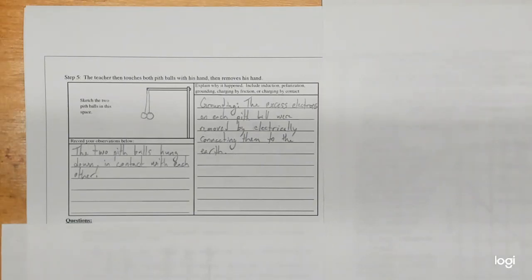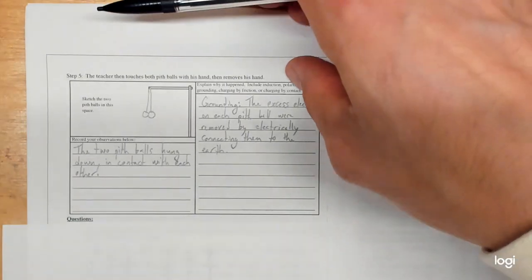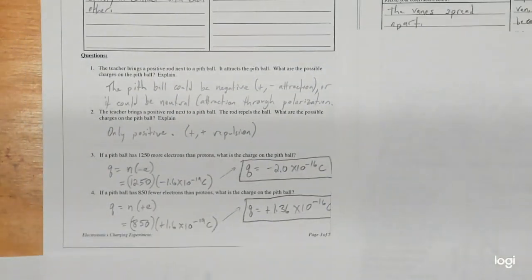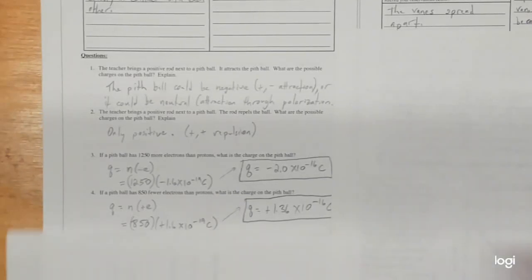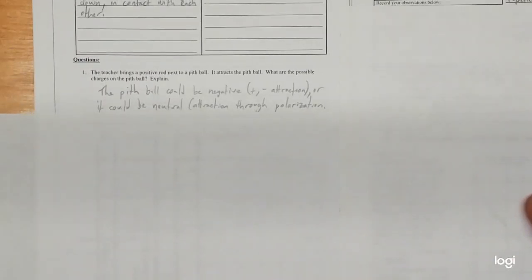Okay? All right, let's move on to the next thing, the questions here. So the first thing is, number one, the teacher brings a positive rod next to a pith ball.